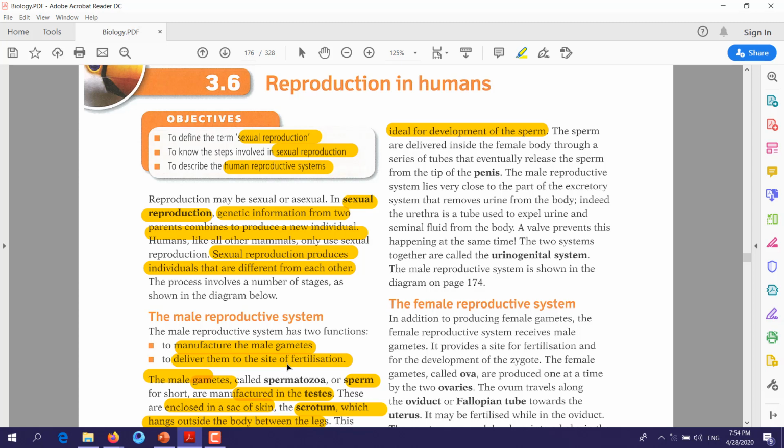Firstly, the sperm are delivered inside the female body through a series of tubes, and eventually the sperm are released from the tip of the penis. So the sperm will be delivered from the male body to the female reproductive system through the tip of an organ we call the penis.